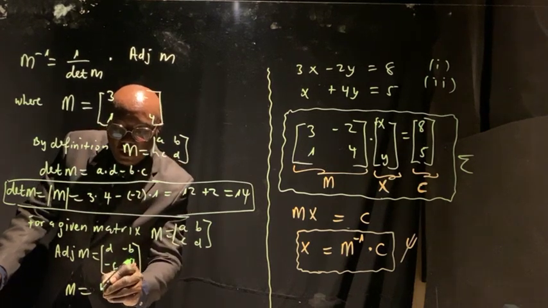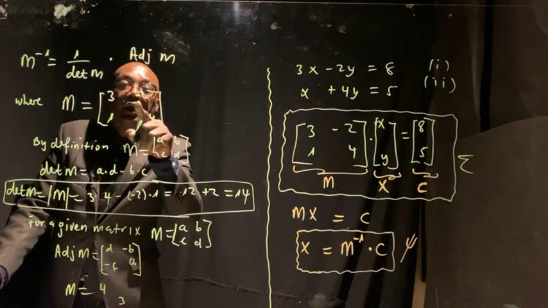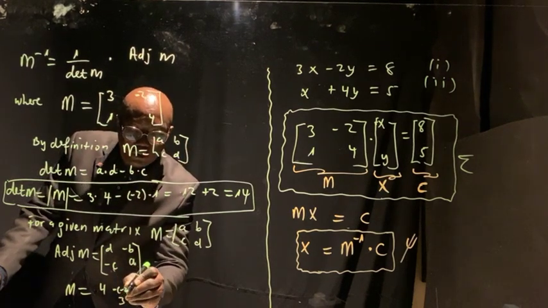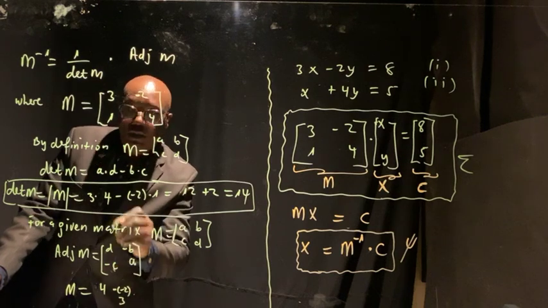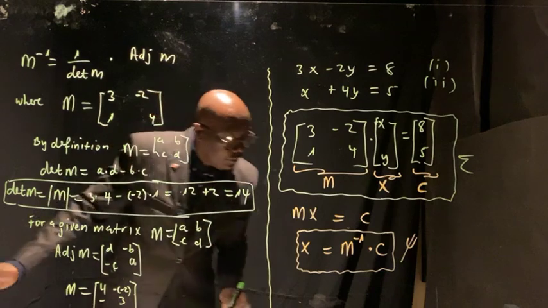So you have 4 here and you have 3 over there. And then you will negate minus 2, and then you negate 1. Can you see the board?